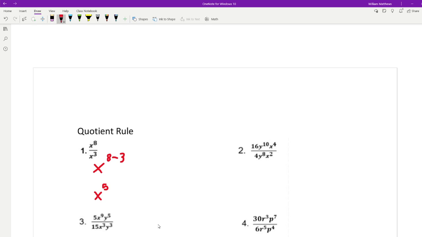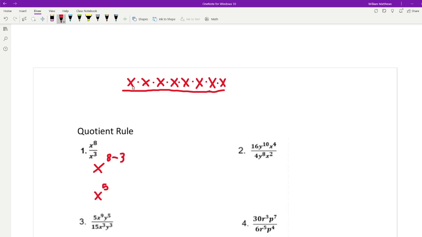Now the way this works, if I were to write all this out, what I'm saying is that if I had a fraction bar and wrote out all the times that I'd be multiplying x by itself, 1, 2, 3, 4, 5, 6, 7, and 8.